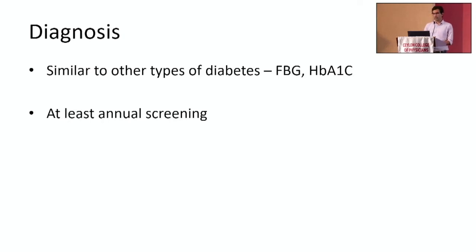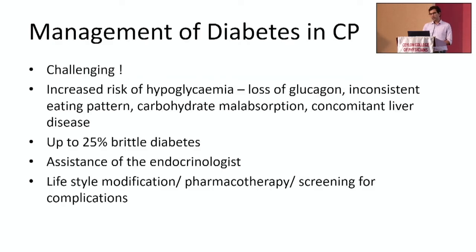Diagnosis is similar to every type of diabetes, which we already know, and at least annual screening for diabetes is recommended in these patients. The management of diabetes is a challenging area in these patients because up to 25% of them can have brittle diabetes, with marked swings between hyperglycemia and hypoglycemia.